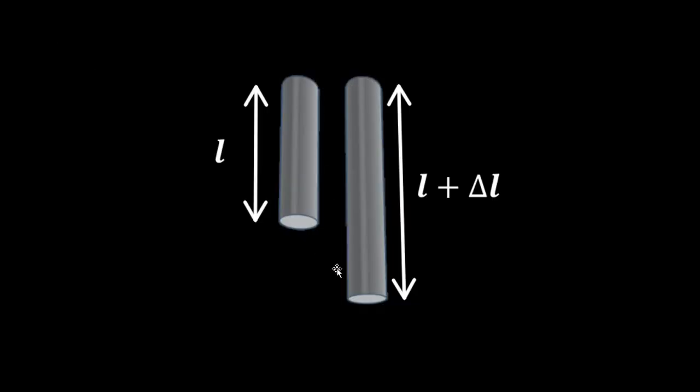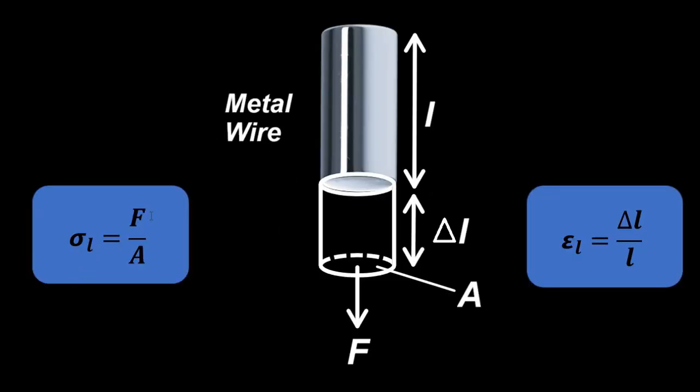So let's say we have a material of initial length L, then an external force or longitudinal stress causes an increase in its length. Here the longitudinal stress is force by area, the externally applied force and the cross-sectional area, the ratio of these two, and the longitudinal strain is change in length to the original length.